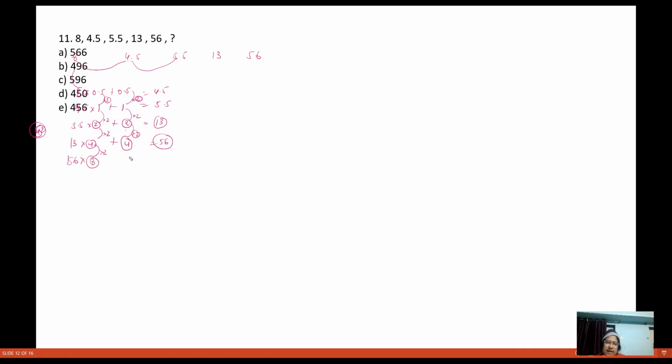So you are getting here 8 and you have to add this here 8 also. So 56 into 8 is what? 6 8s are 48 and 5 8s are 40, so 448, plus 8. So you are getting 456 here. So the answer is 456 for you.